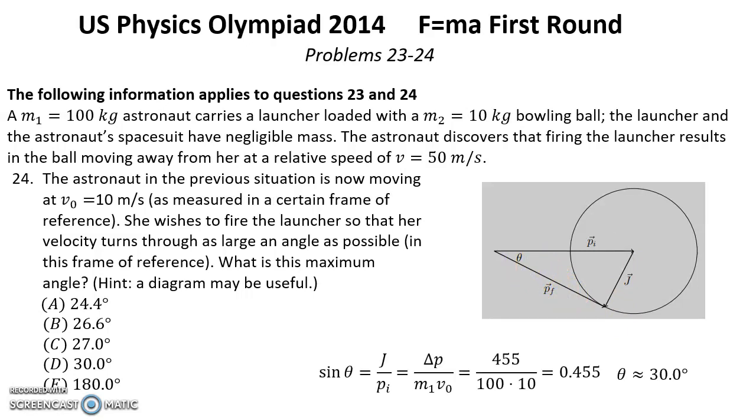On this picture we can find that sin theta equal J over Pi, which is delta P from previous problem, divided by mass 100 kg multiplied by speed 10 meters per second. So finally we have sin theta equal 0.455, or theta equal around 30.0 degrees, which is correct answer D.